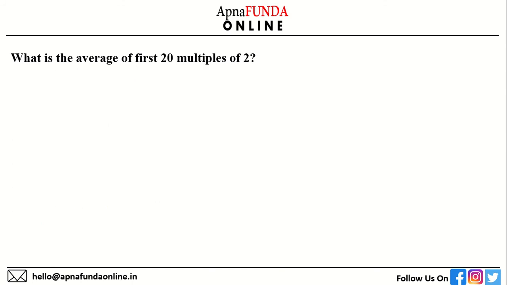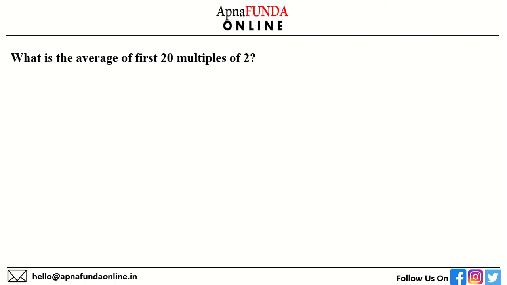Next question. What is the average of the first 20 multiples of 2? We just saw a formula for the average of the even numbers from 1 to n. You can use that formula to solve this.